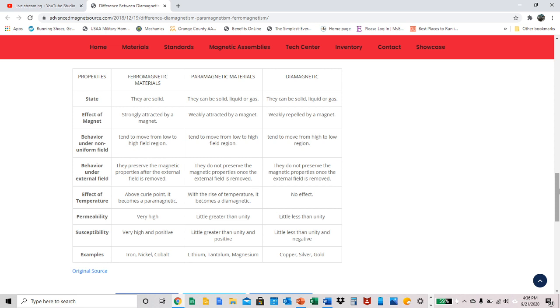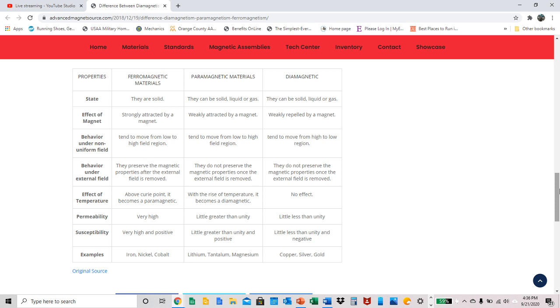So the state that you will find these in: ferromagnetic materials, which are materials that include iron. Remember, ferrous materials include iron, non-ferrous do not include iron or iron alloys. So ferromagnetic materials would be in a solid state of matter. Paramagnetic and diamagnetic you will find in solid, liquid, or gas.